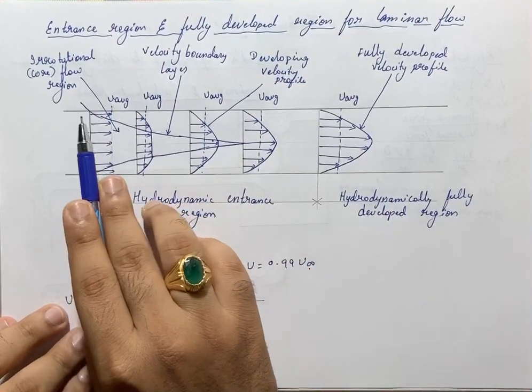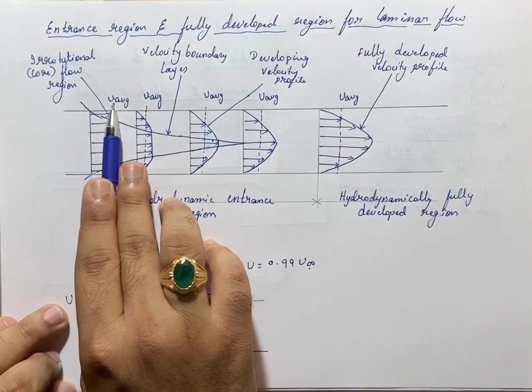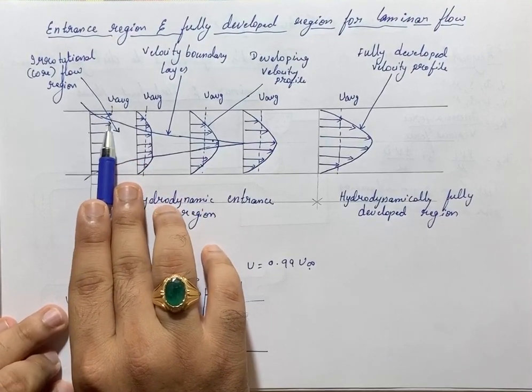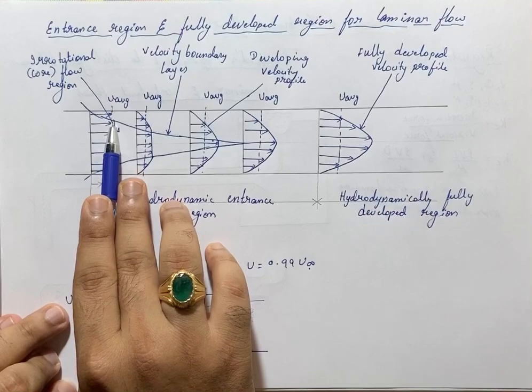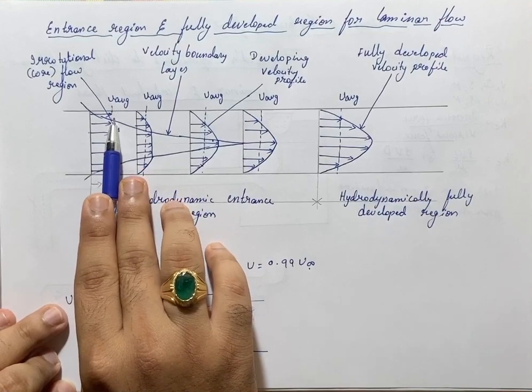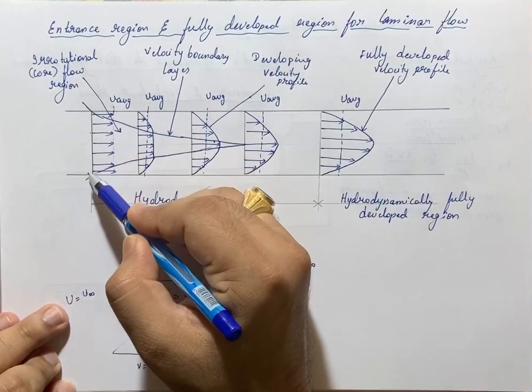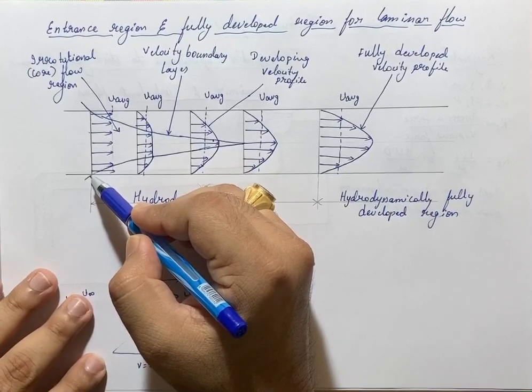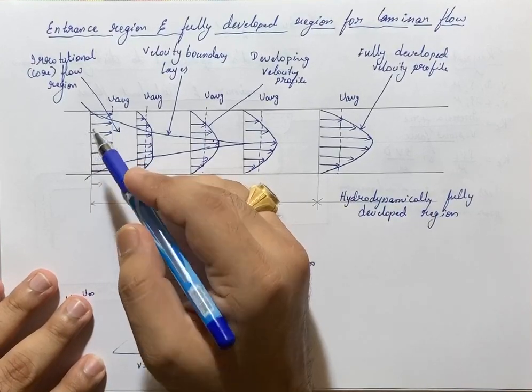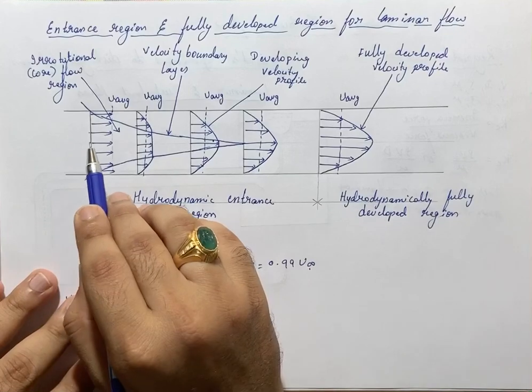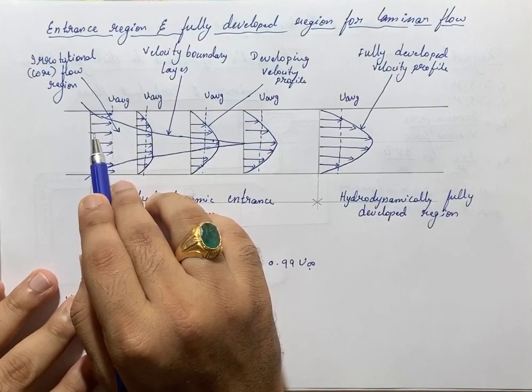When we see this point, the velocity u average is constant here, right? That is u is u infinity or u average here. The same velocity is there from this point to this point in the pipe here. Almost all the points in that cross sectional area, the velocity remains constant here.